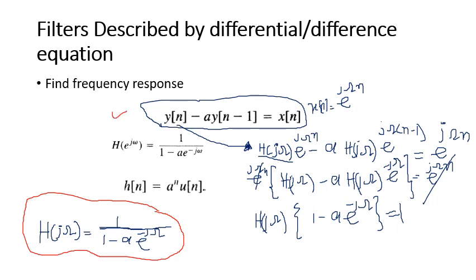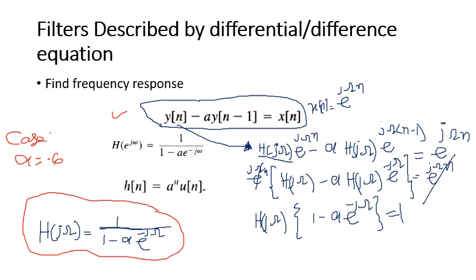Based on this equation, can you tell whether this is a high pass filter or a low pass filter? I'll ask you to assume values of a. In case 1, take a equal to 0.6, and then plot this.